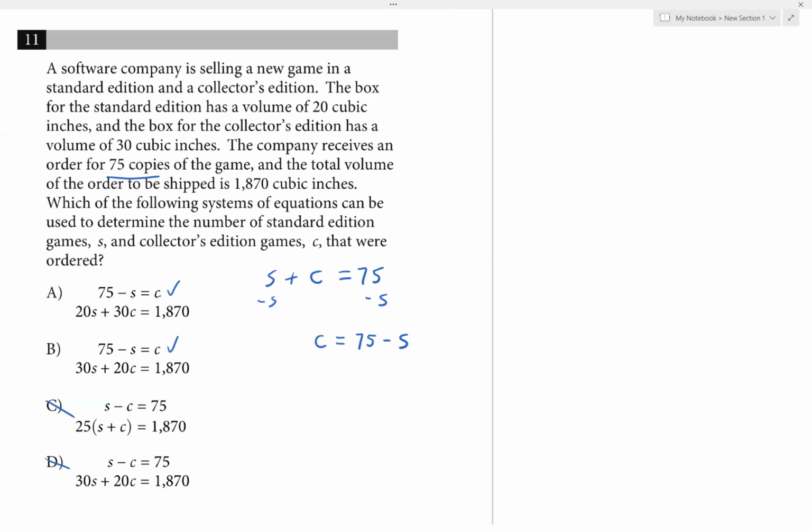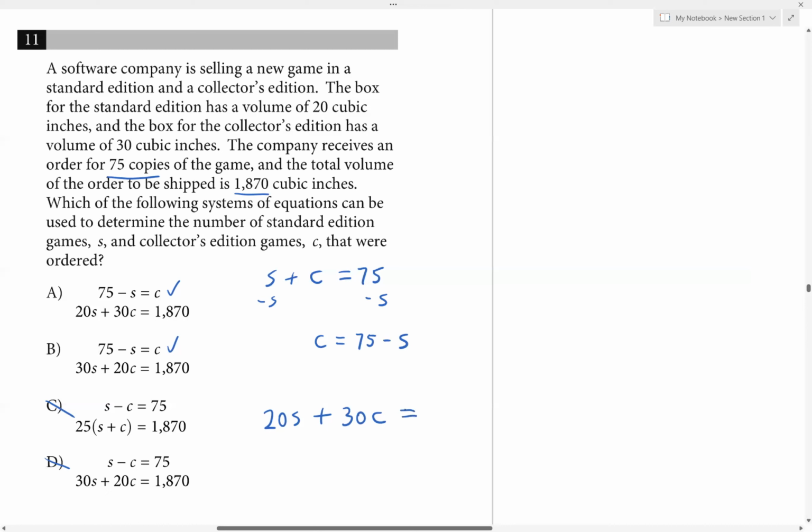And then the second equation should be based on the total volume. We know each standard edition is 20 cubic inches, so the total volume for the standard edition will be 20 times S. Then we add the collector's edition, which is 30 for each one, and we have C copies, so plus 30C.